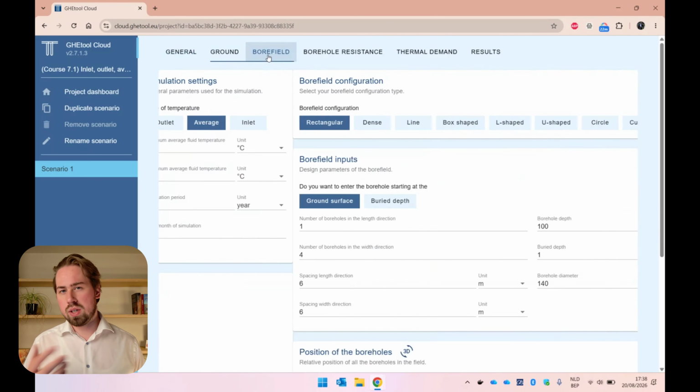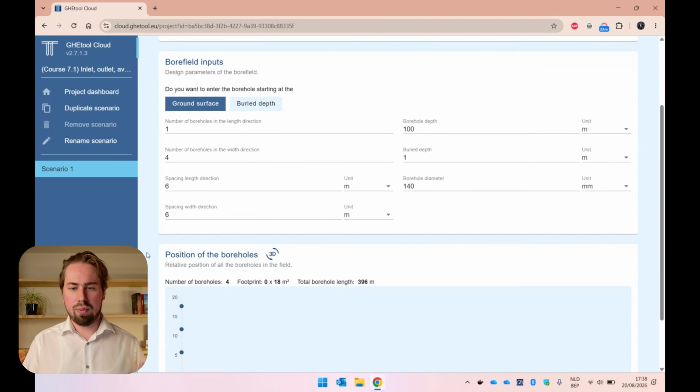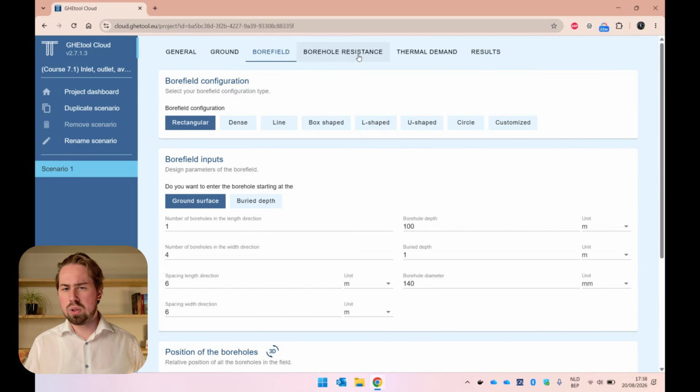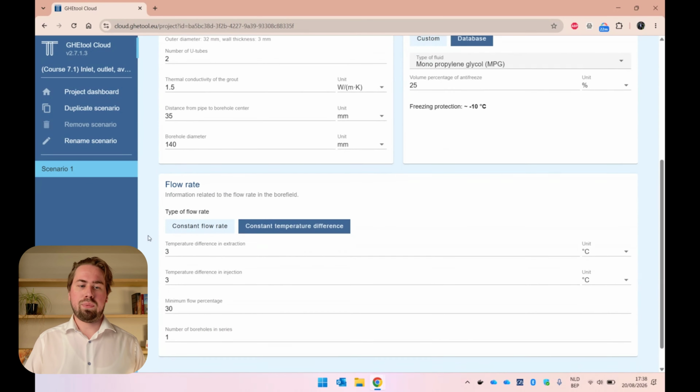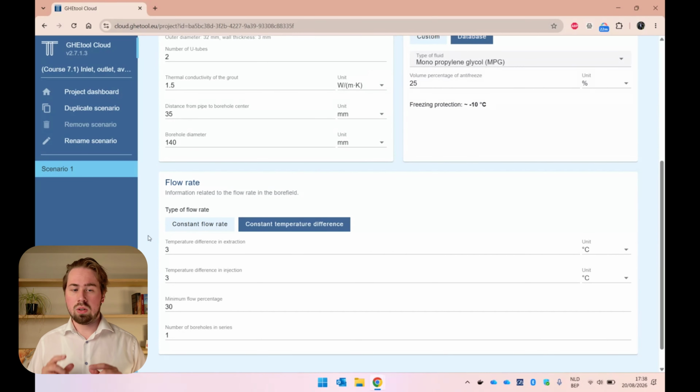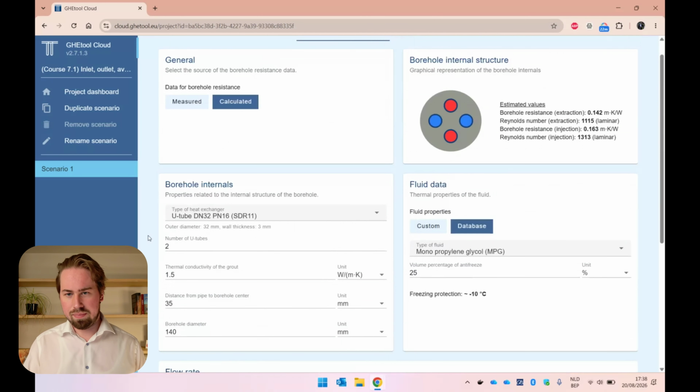The situation we're going to simulate has 4 boreholes, a borehole resistance with monopropylene glycol, and we will work with a variable flow rate with a fixed temperature difference of 3 degrees between the inlet and the outlet. So if you recall, a constant temperature difference means that the flow rate will be updated in every month during heating and cooling separately.